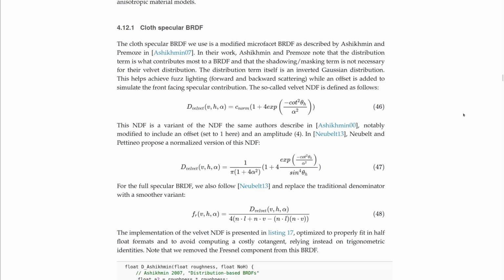Some constant, I think. So some sort of constant. So we've got negative cotangent squared of the, is it the half angle? Half light angle?